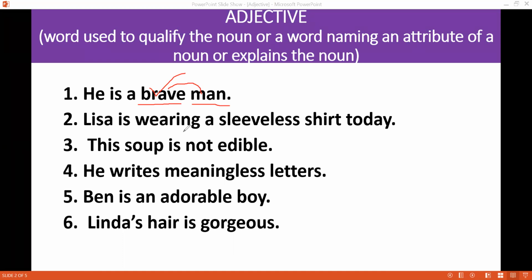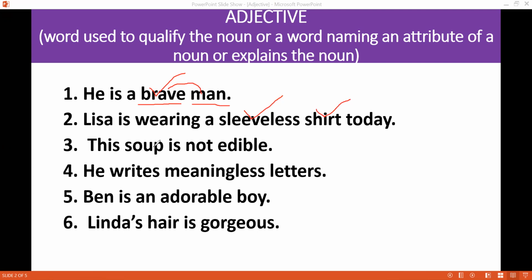Lisa is wearing a sleeveless shirt today. Shirt is a noun, and the word sleeveless is telling us about the shirt, the kind of shirt she is wearing. So, sleeveless is an adjective. The soup is not edible. Adjectives are used either as a quality or as an explanation.